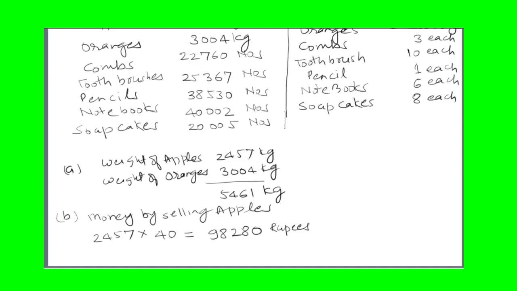The third question: can you find out the total money Raman got by selling apples and oranges together? So we'll have to find out the money received by selling oranges.